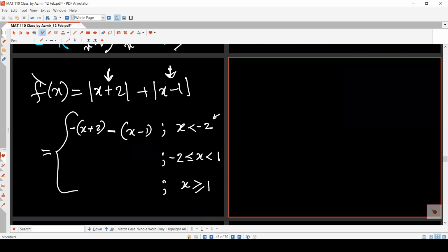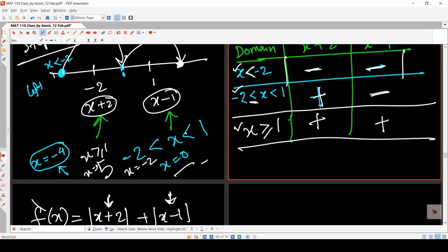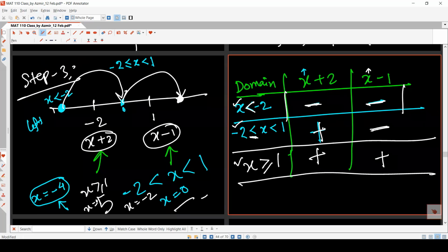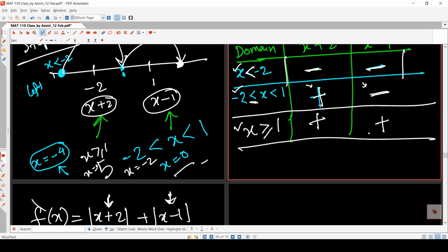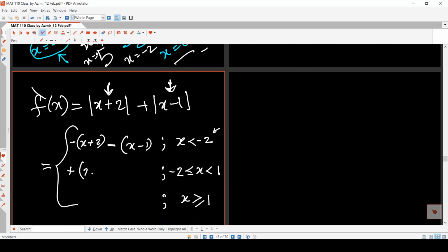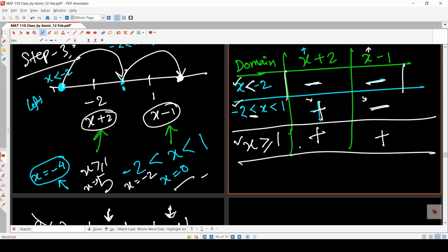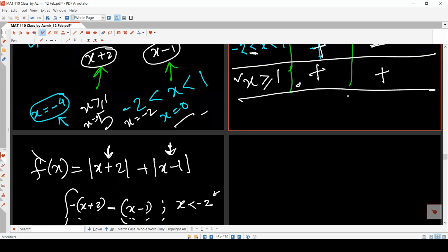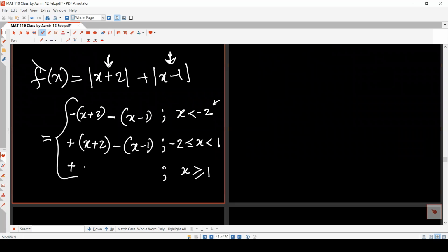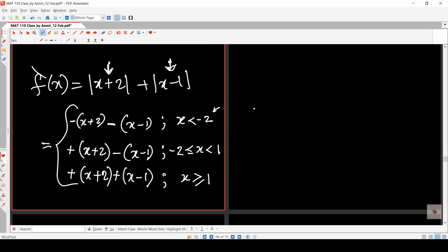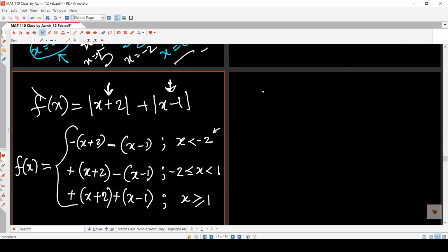For the second domain, x plus 2 will be plus, but x minus 1 will be minus. So here plus (x plus 2) minus (x minus 1). For the third domain, both x plus 2 and x minus 1 are plus. So this is how we are rearranging the function.